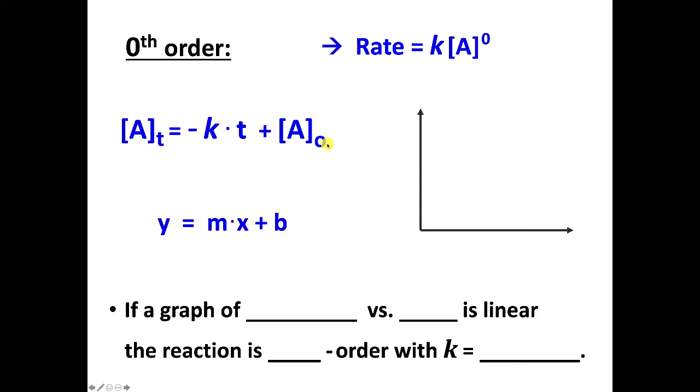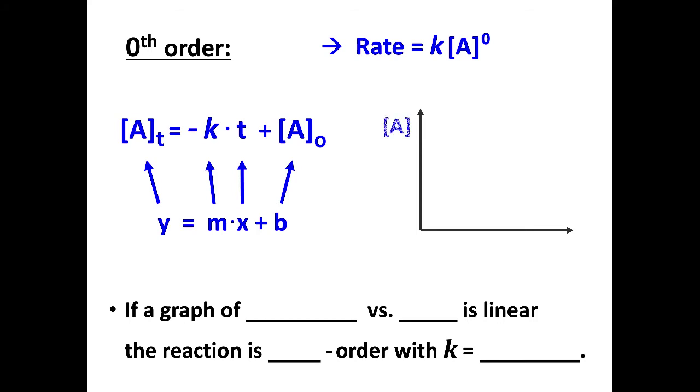And we can look at this, and we've seen this before a few times, and you saw it in the iodine clock reaction lab. This is like a y equals mx plus b relationship, a straight line, where our y is the concentration of A at time t, our m is the rate constant k, but negative, our x is the time, and our y-intercept is the initial concentration A naught.